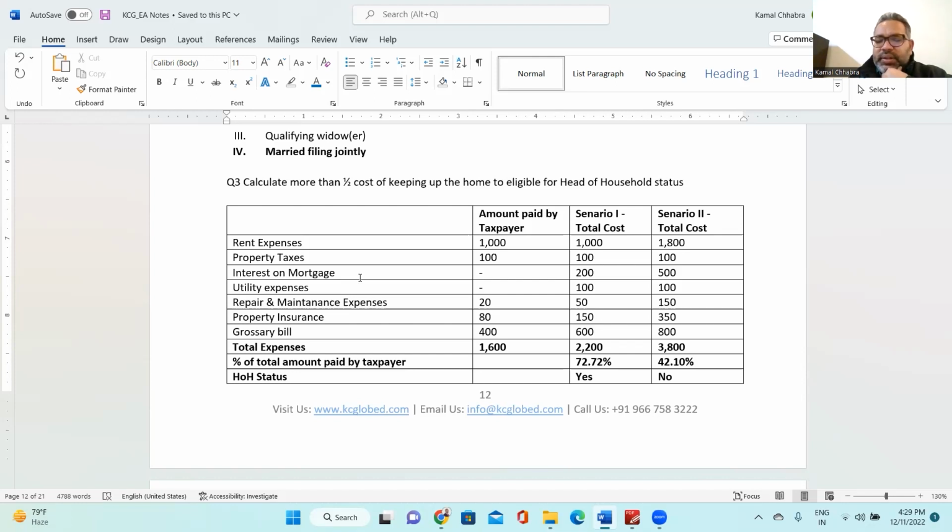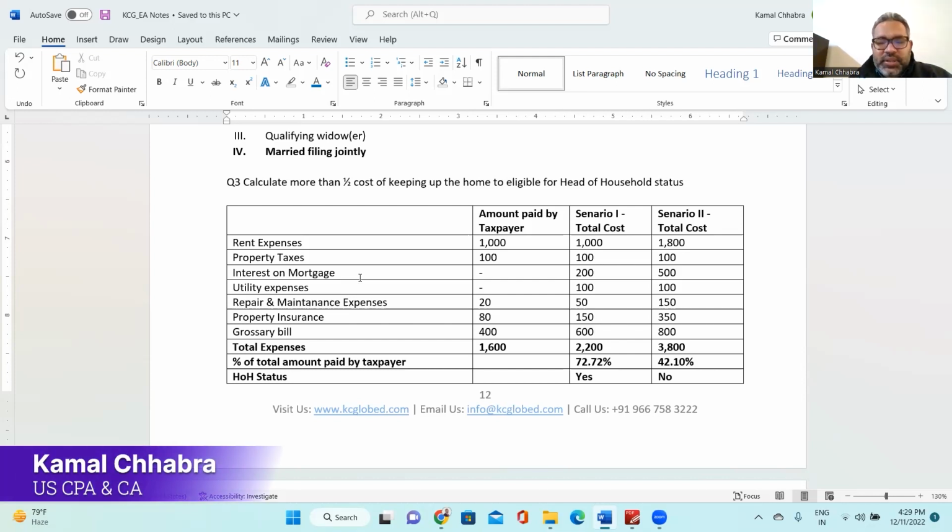So 1,600 divided by 2,200, how much does it come to? Can any of you do the math for me? I'm saying total expenses paid by the taxpayer, that is 1,600, divided by total expenses of the household, 2,200. How much percentage does it come to?